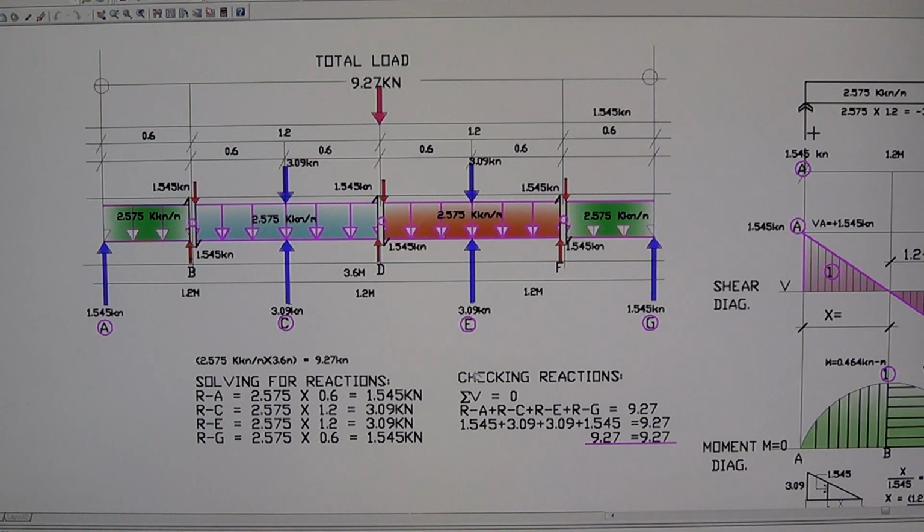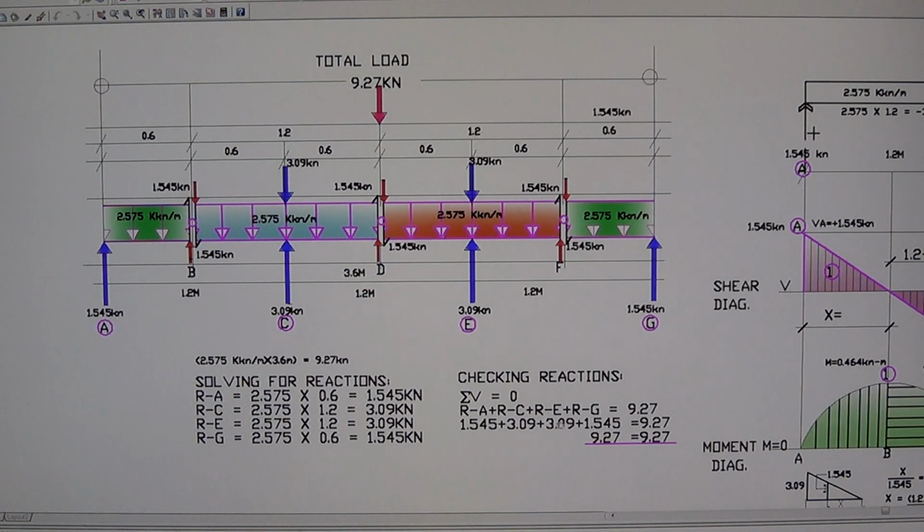Now since we have all the reactions, let's check if the reactions are equal to the load. The downward load is supposed to be equal to the upward load, so we can make sure that all the reactions we have are correct. Checking that, using the condition of equilibrium, summation of vertical forces is equal to 0: RA plus RC plus RE plus RG is equal to 9.27 kilonewton.